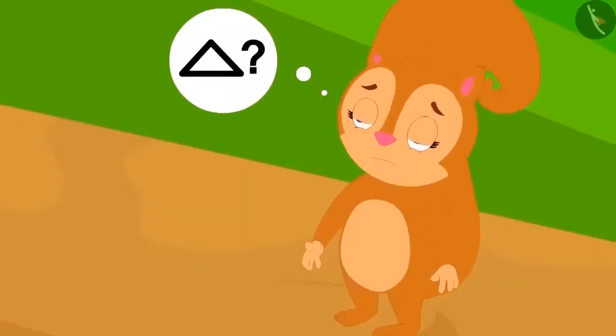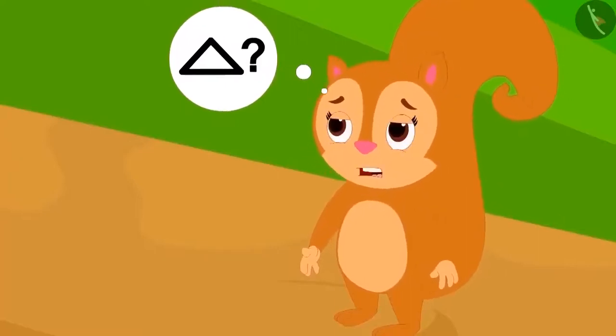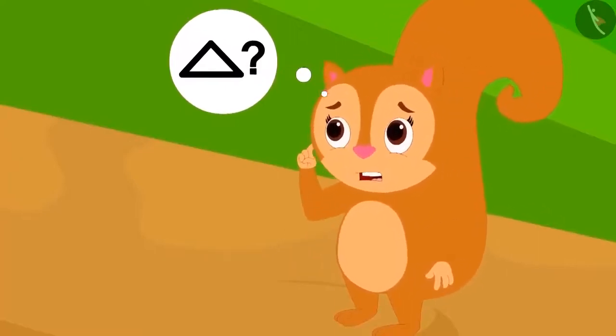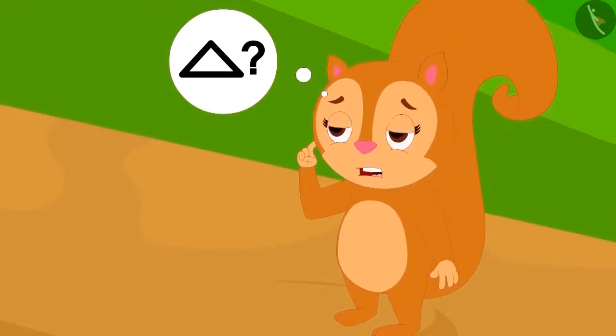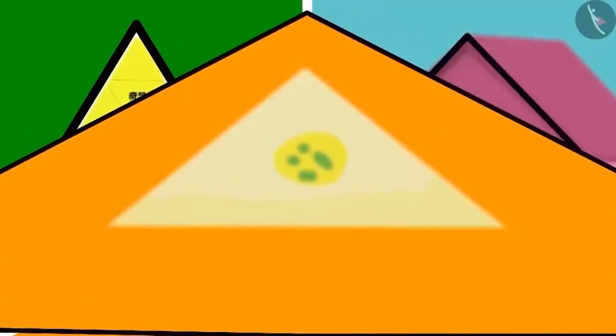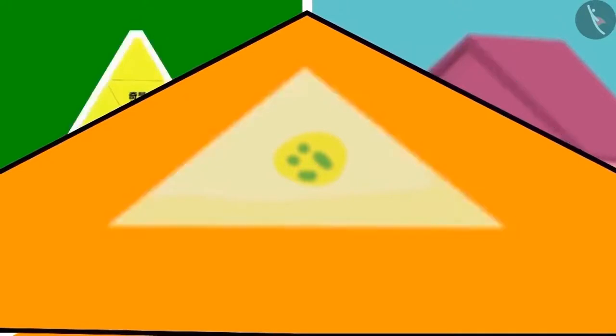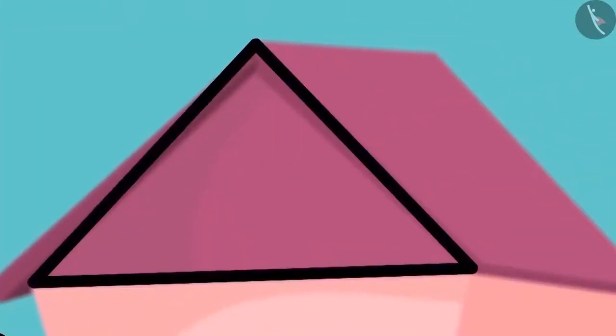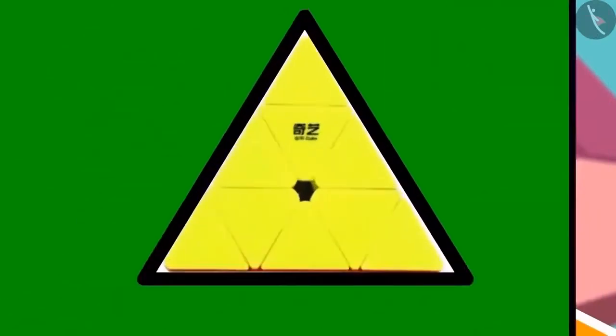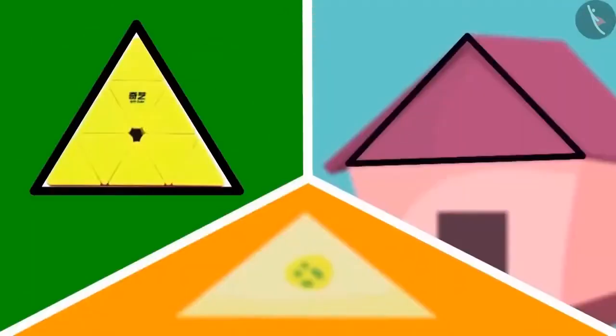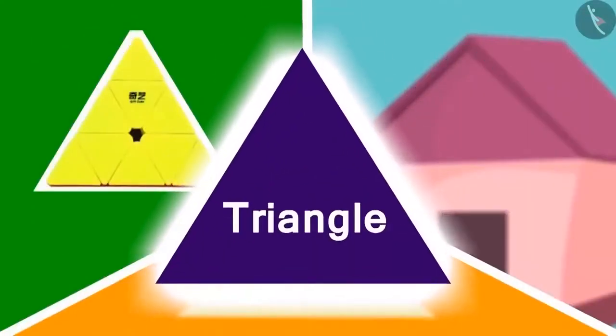Have you seen a triangle elsewhere? Let us listen to Appu's poem on triangle and know this. Like this piece of burfi is a triangle, this roof and toy is also a triangle. A triangle has 3 sides and 3 corners.